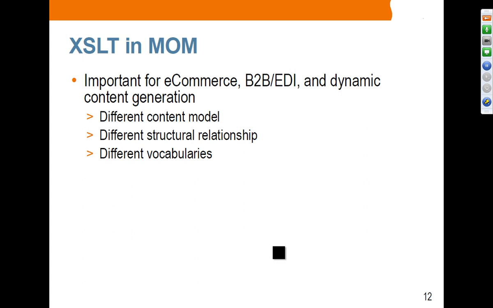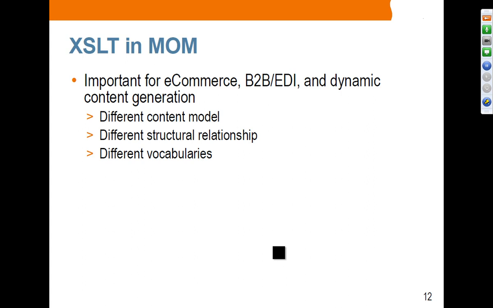The legal department might want to extract only the information relevant to the legal aspects, and the payroll department or the shipping department might want to extract only the data needed for shipping. Different structure, different relationships. The same customer data might be converted to different formats.